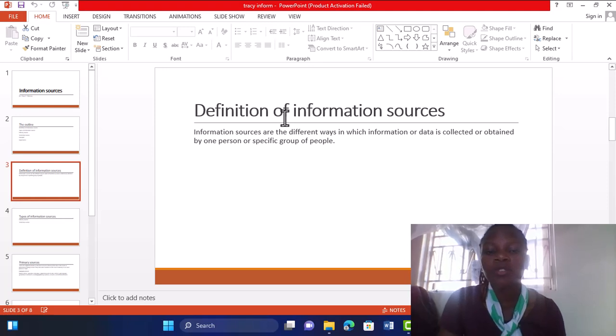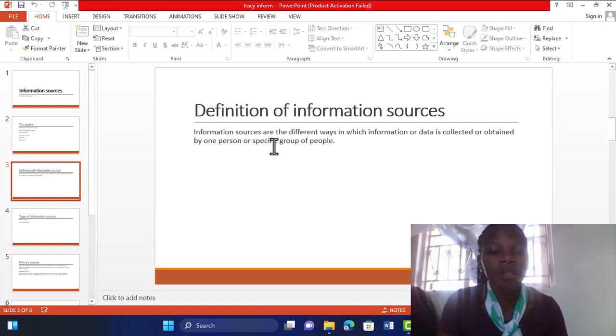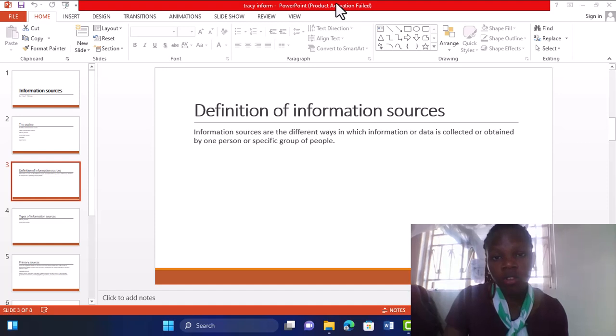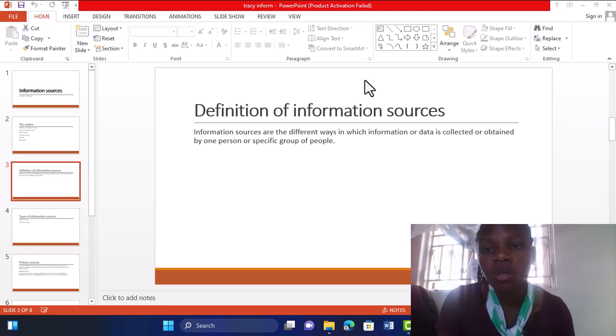The definition of information sources is: information sources are different ways in which information or data is collected or obtained by one person or a specific group of people. So where you can get information, in simple terms, those are the information sources.